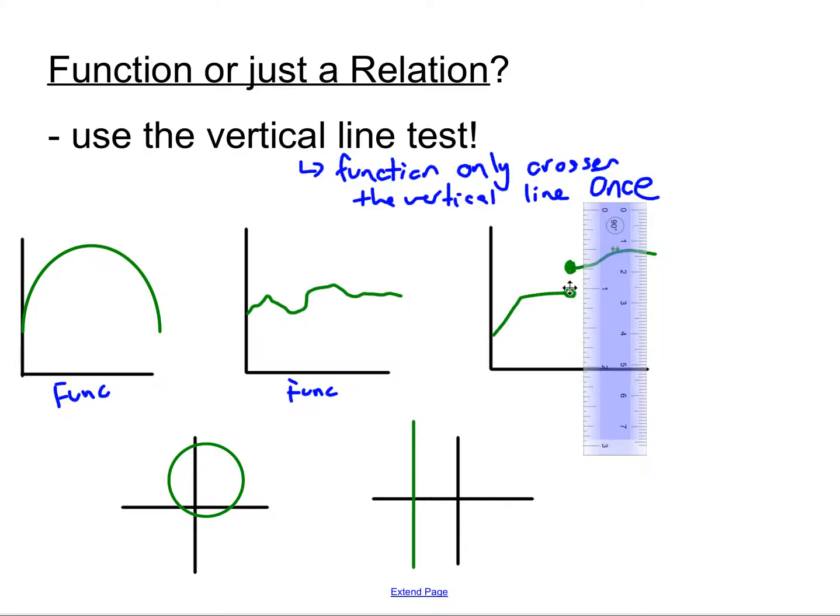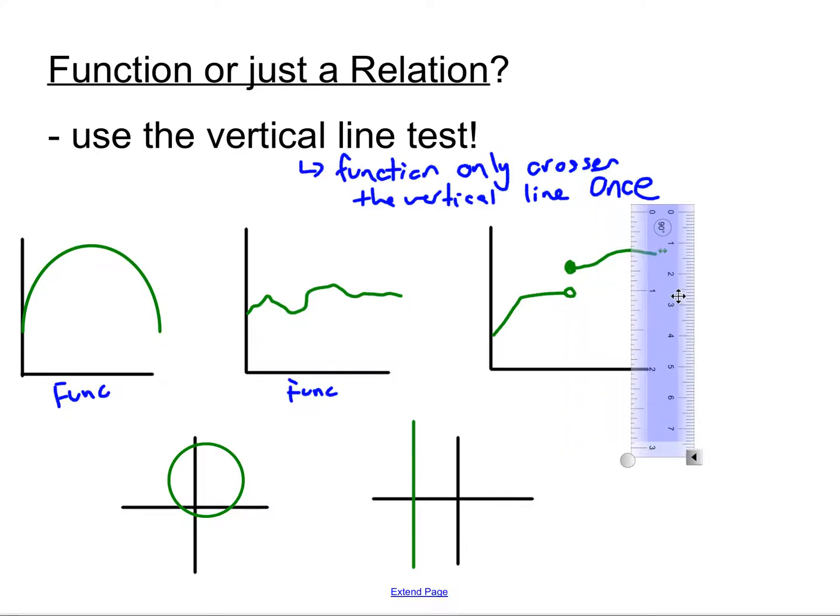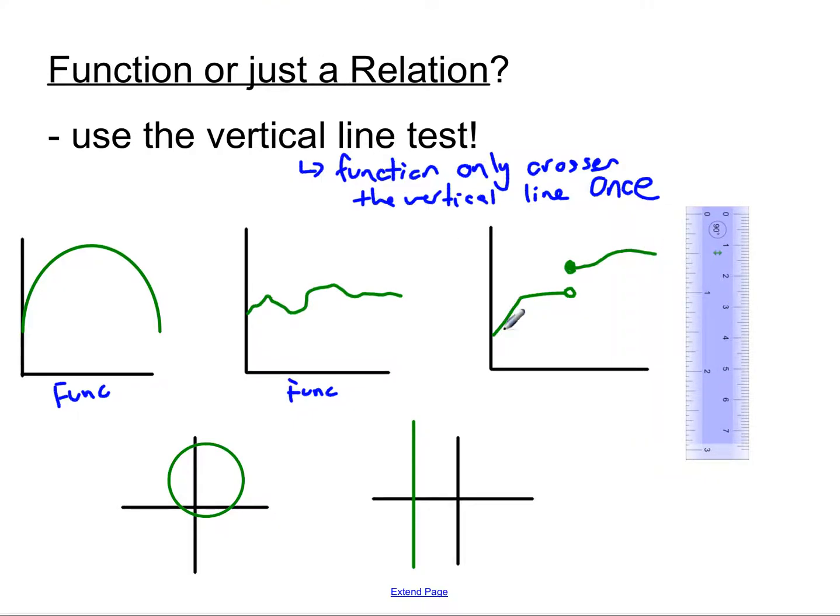It is disconnected from this line, yes, but at this point, I can line up my ruler with it. At this value of x, whatever it might be, there is only one value of y right there. So it passes the vertical line test. We can say that this is indeed a function. Okay, so far so good. Three functions in a row.